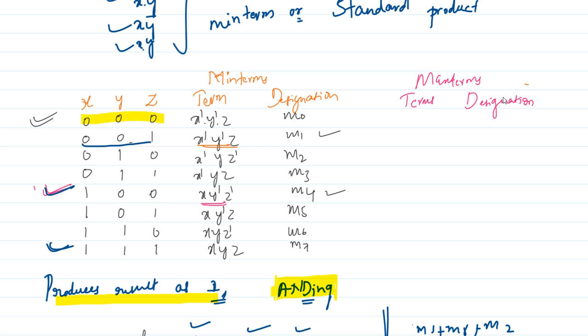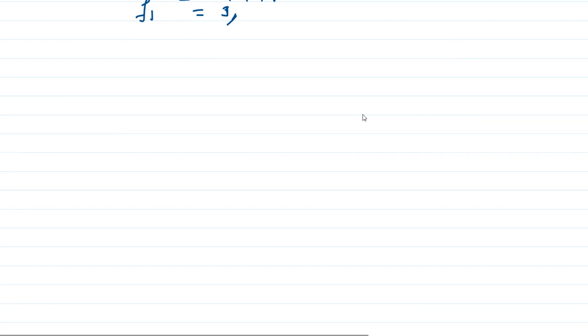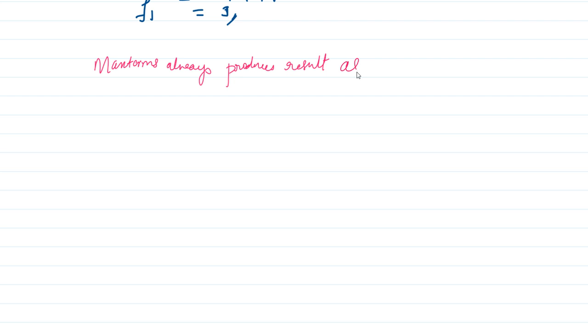For understanding the max term, I will write a note here: max terms always produce the result 0. Min terms produce the result 1, but max terms produce the result 0.